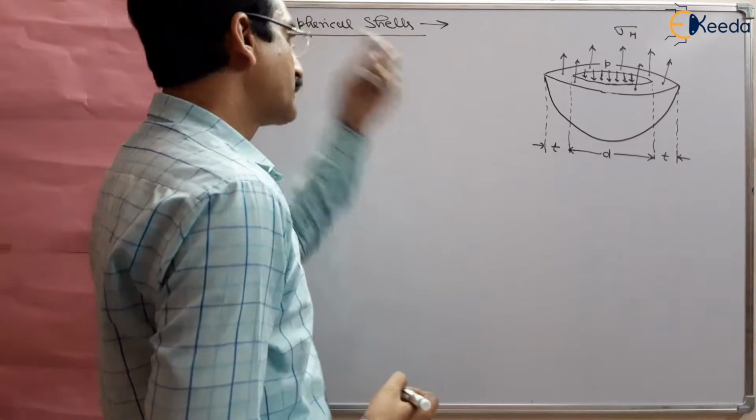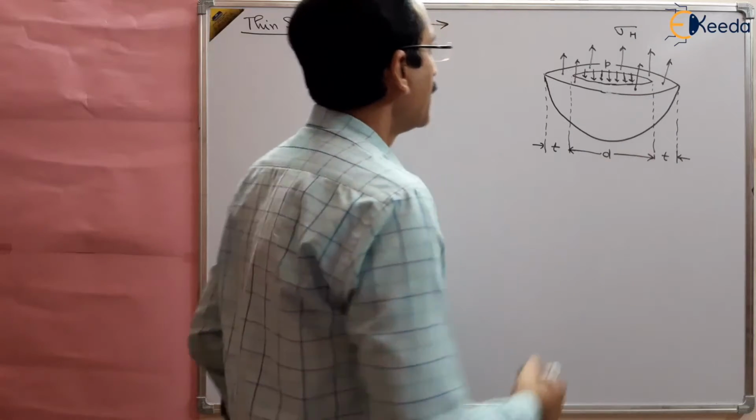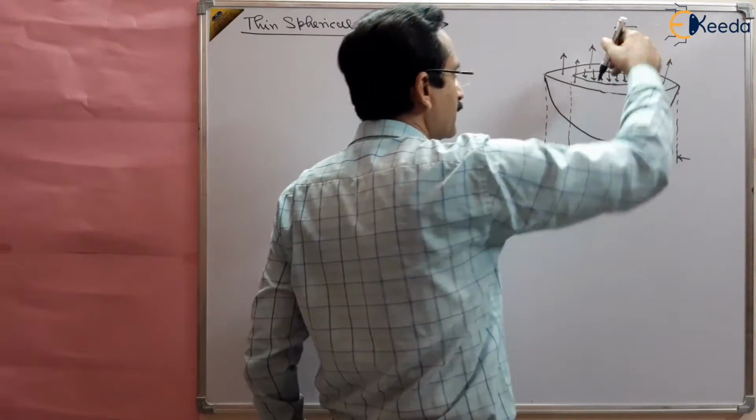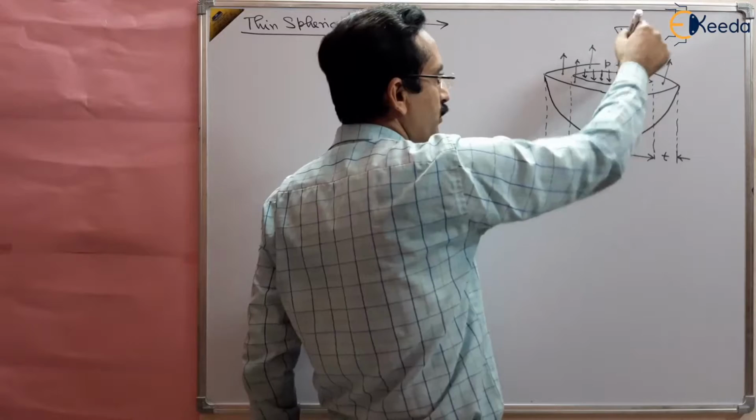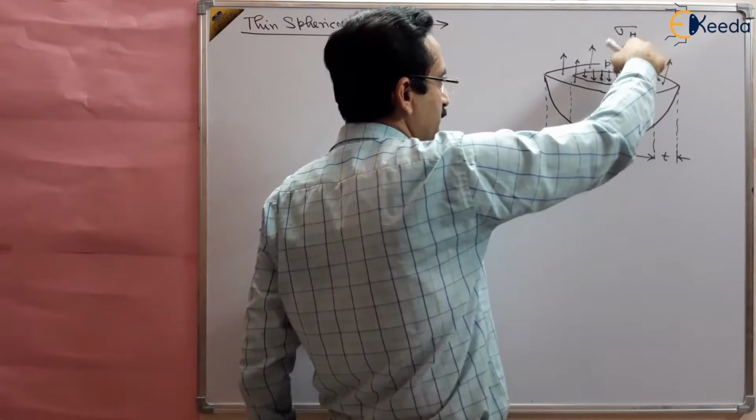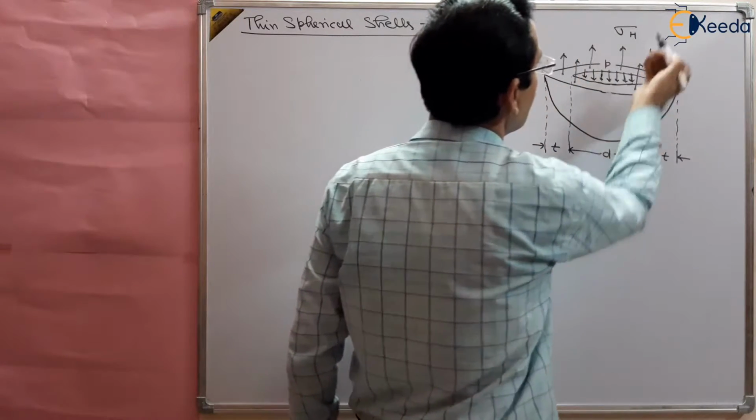So T is the thickness of the sphere, D is the internal diameter, and the pressure is acting on the internal diameter. We will take the projected area on which this pressure is acting, and hoop stresses are developed in this direction.